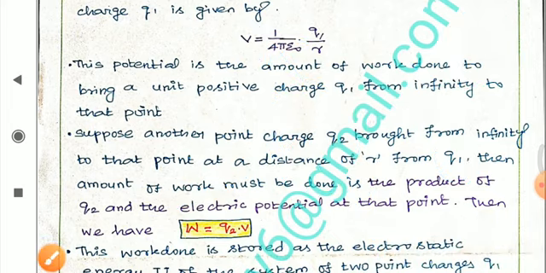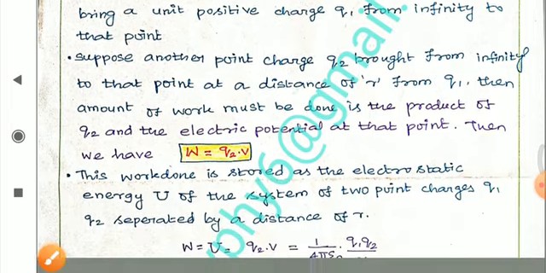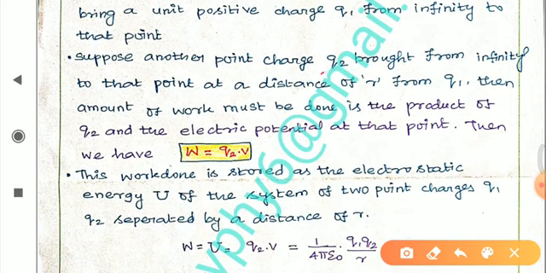So Q2 is brought from infinity to a point at a distance of r from Q1.